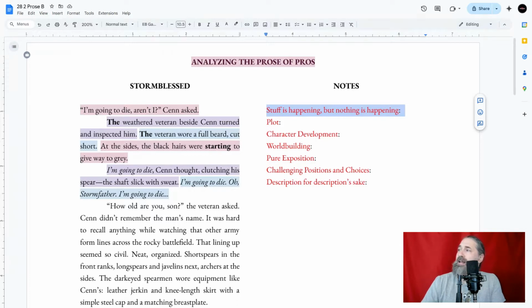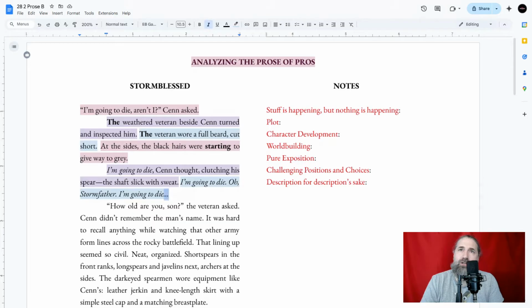By the way, we are creating a position for Sen. His position is, I don't want to die, even though he keeps saying, "I'm going to die, ain't I? I'm going to die. Oh, I'm going to die. Stormfather, I'm going." It is creating the position that he doesn't want to die. So now we have to challenge that.